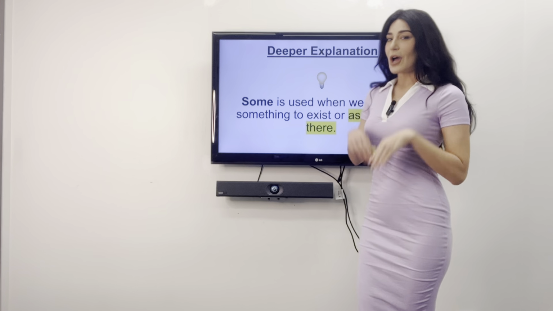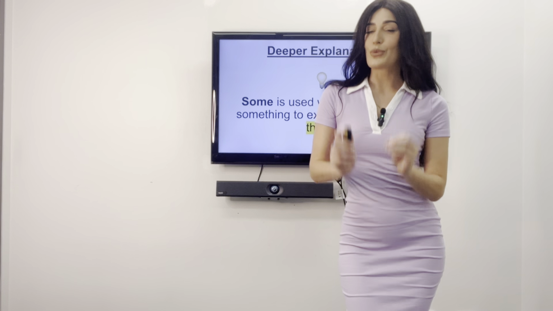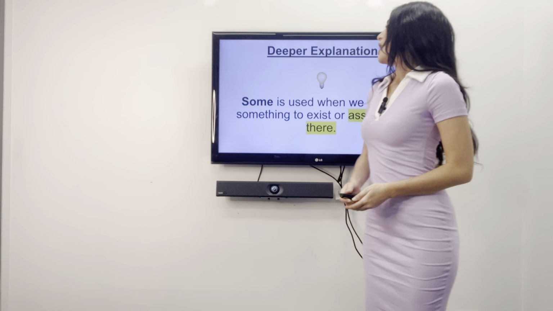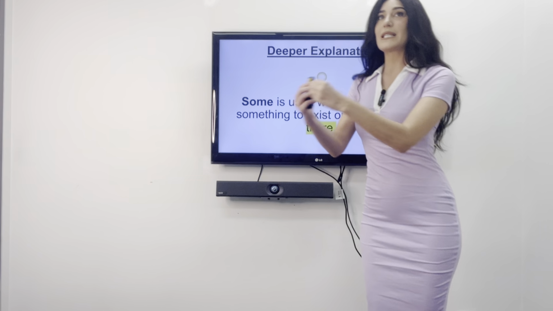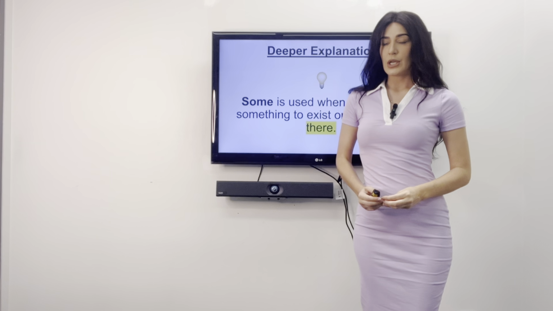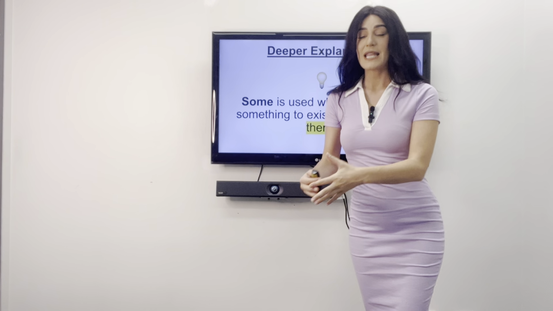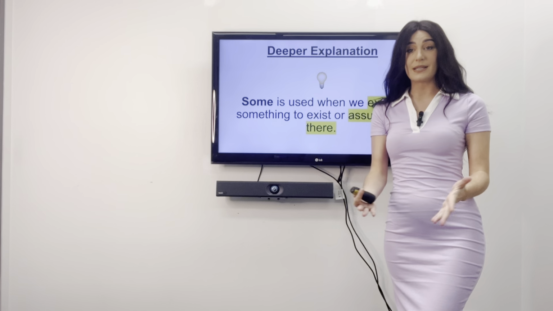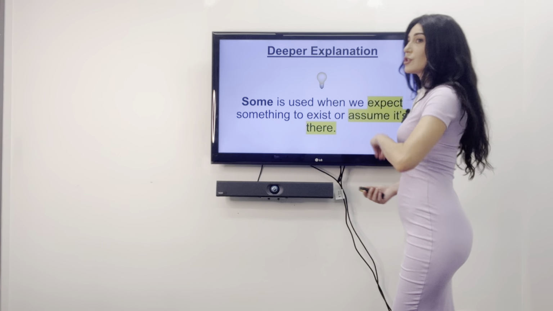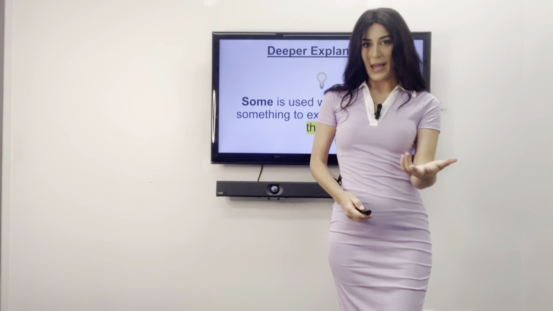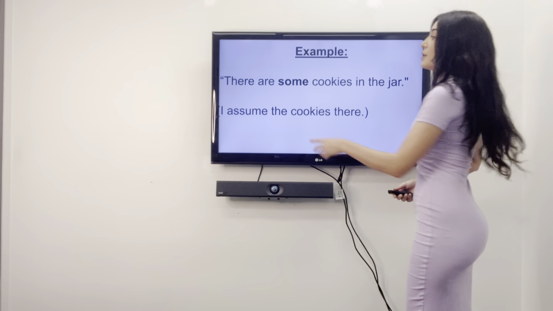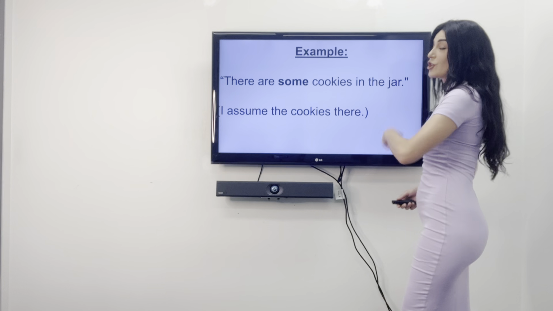Okay, let's dive in a little bit deeper here so that you really, hopefully, understand. Some is used when we expect something to exist. We are expecting that that thing does exist, or we assume that it's there. You kind of know that that thing already exists. For example, there are some cookies in the jar.